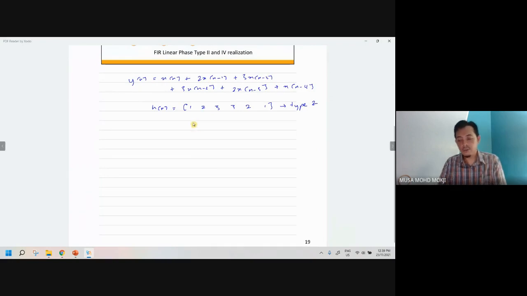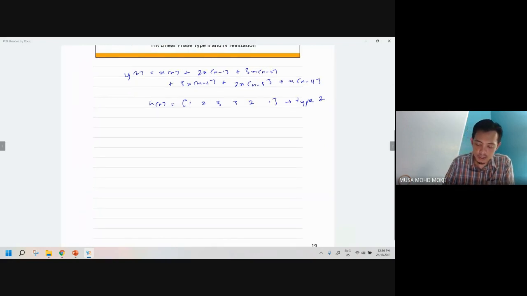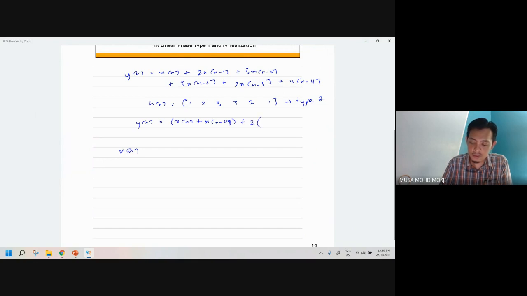All right, so we can draw this same thing. So just put your xn first, and then we rearrange that. yn is actually equal to xn plus xn minus 4, and then plus 2 multiplied with xn minus 1 plus this one, xn minus 3.